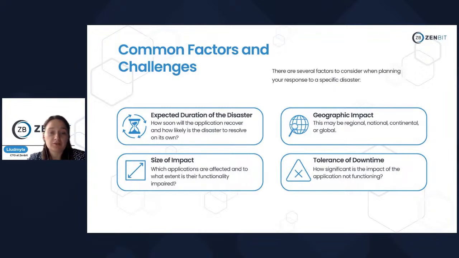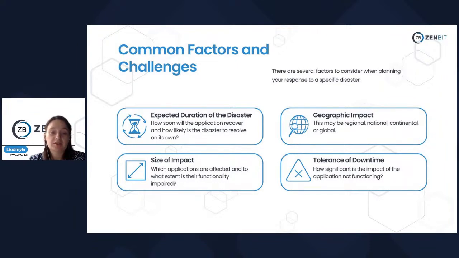The second is the size of the impact. Which applications are affected, and to what extent is their functionality impaired? The third one is geographic impact, which may be regional, national, continental, or global. And the fourth is tolerance of downtime. How significant is the impact on the application's functions?